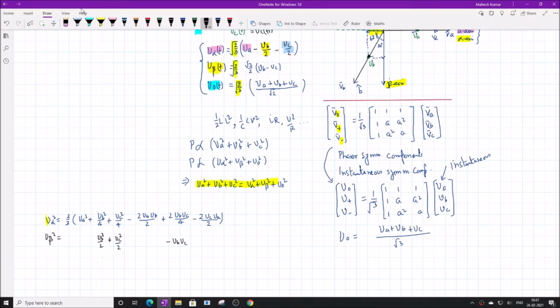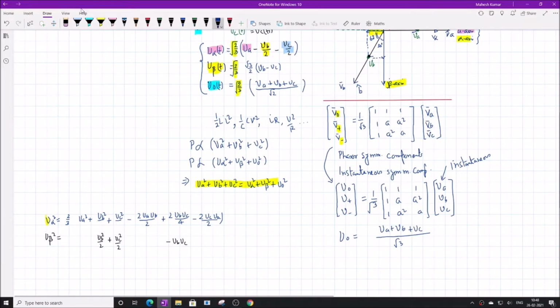Also we can bring the 2 by 3 factor inside, so this becomes 2 by 3 Ba square, okay, and 2 by 3 if we put it here, then it becomes Bb square by 6. Okay, so this factor becomes Bb square by 6.